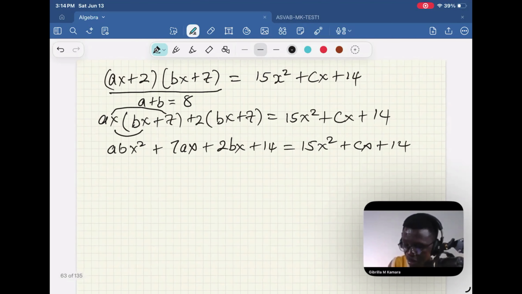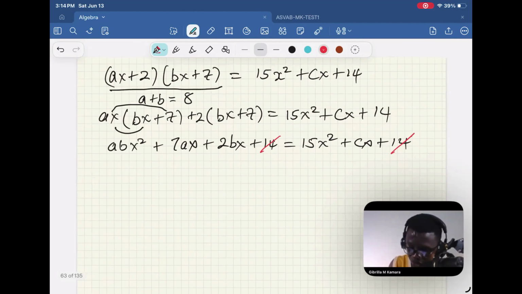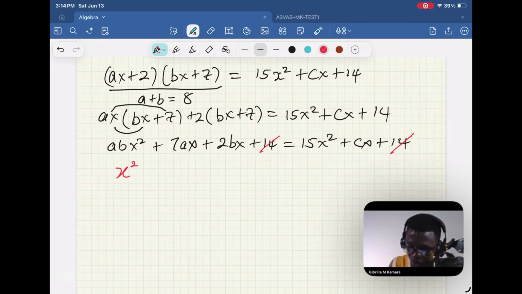So now let's cancel this and this cancels out. Now we are going to compare. For x², on the left we have ab, on the right we have 15. So let's give this as equation 1.